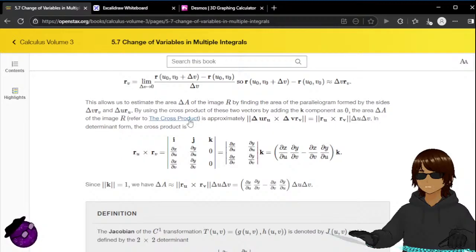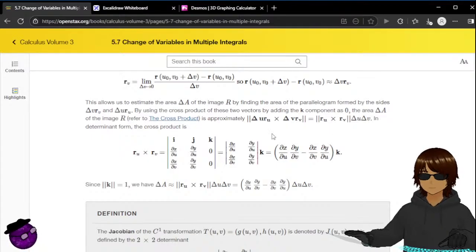Okay, since this is 1, we have delta A equal to delta x over delta u, delta y over delta v minus delta x over delta v, delta y over delta u, times delta u, delta v. I don't understand this part.